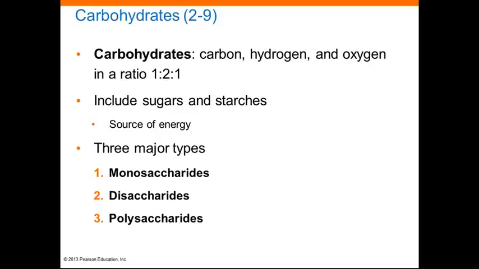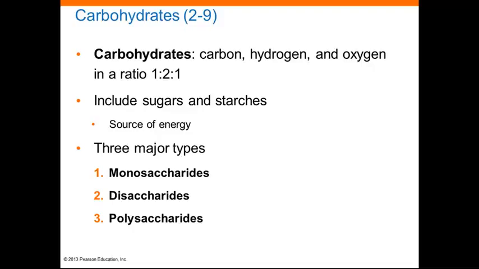One very important group is called carbohydrates. This class of molecules all has carbon, hydrogen, and oxygen in a ratio of 1 to 2 to 1, so there's 1 carbon for every 2 hydrogens and 1 oxygen.